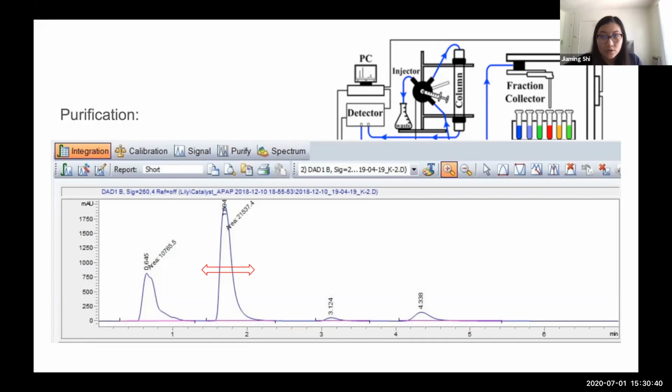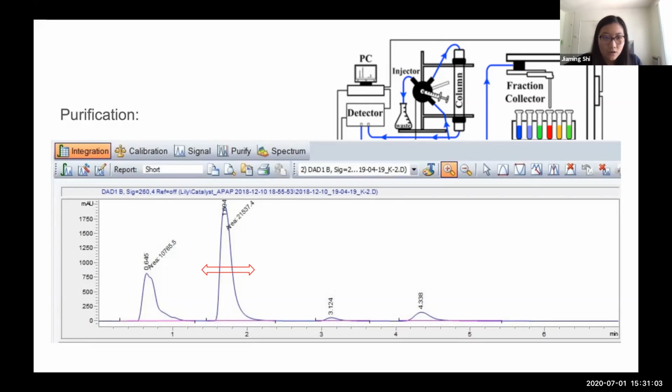So you will turn on the fraction collector and tell it, I only want you to collect the thing that's coming out of the column from 1 to 2 minutes. And the rest of the sample will go into the waste, but the part you ask the fraction collector to collect will be stored in a small vial.